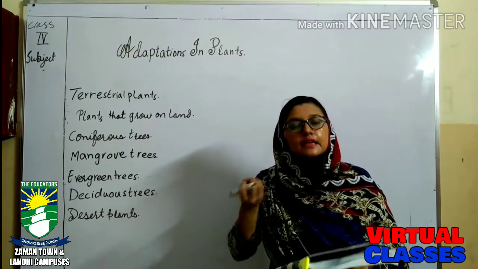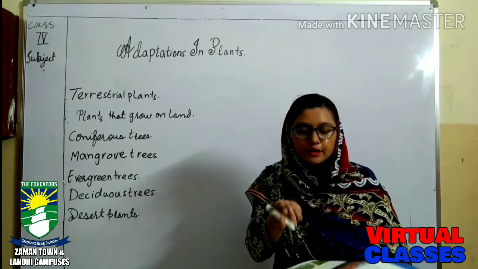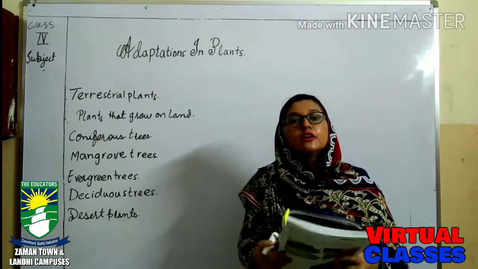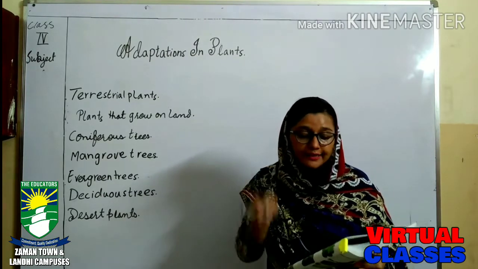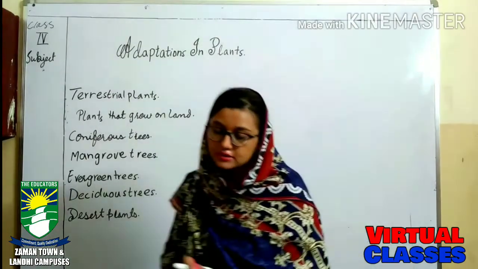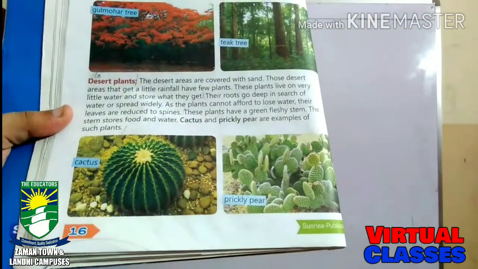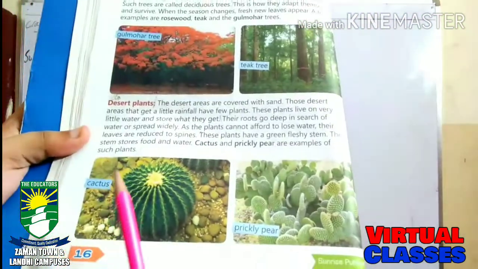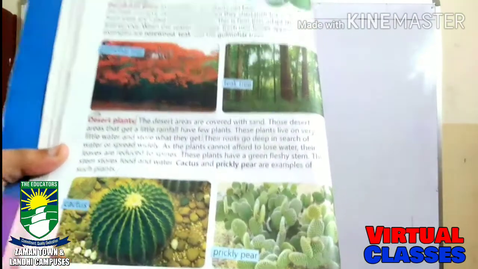Those desert areas that get little rainfall have few plants, and these plants live on very little water and store what they get. You also have examples of desert plants. The first one is the cactus, and this one is also an example. These plants have a green fleshy stem. The stem stores food and water.